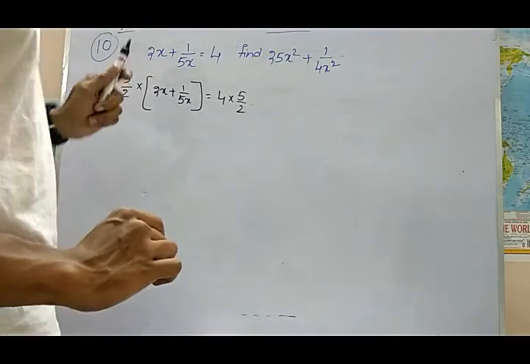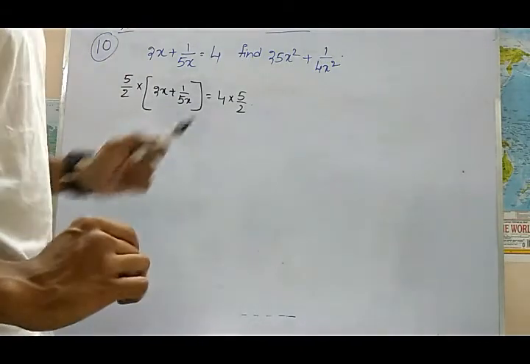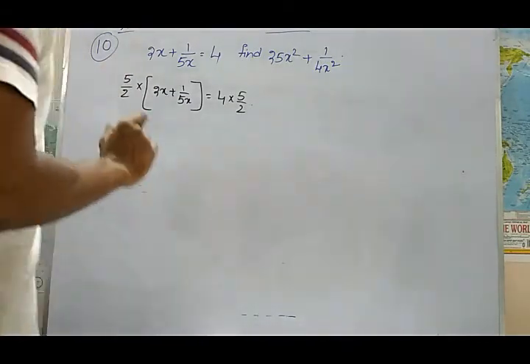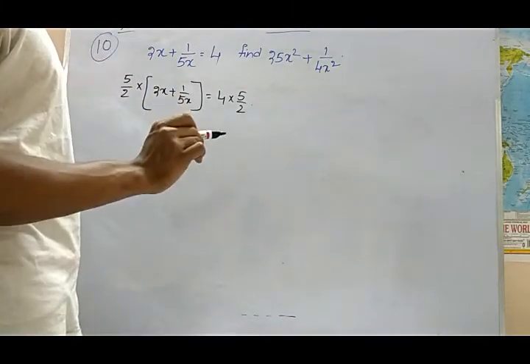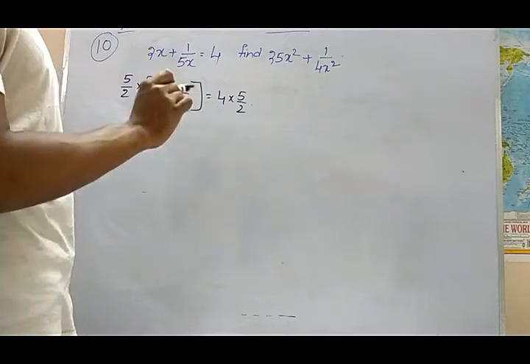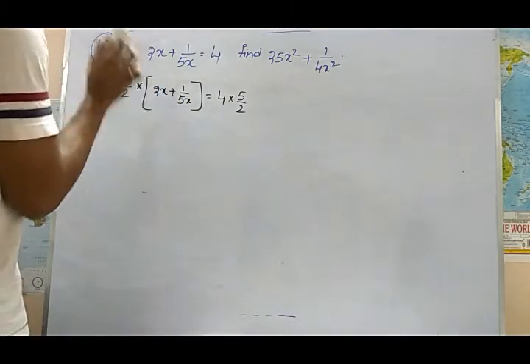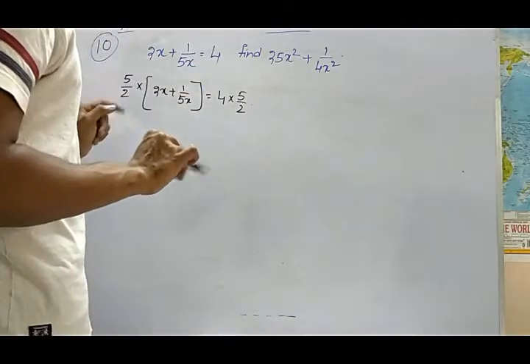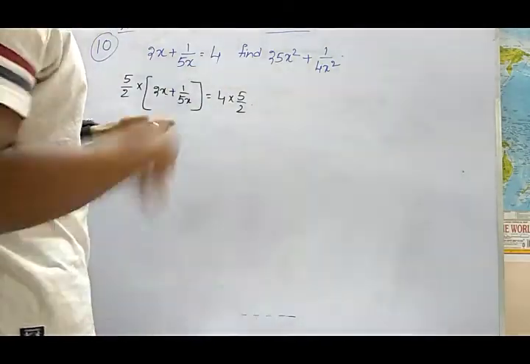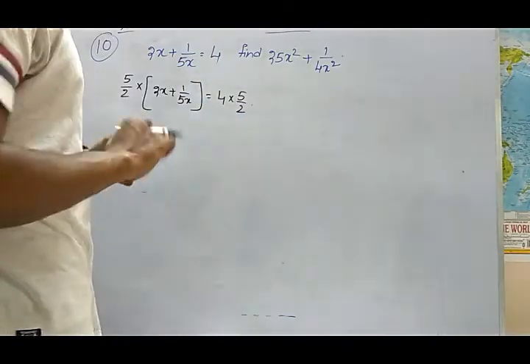And you might have a doubt: why only 5 by 2, and by which value do we need to multiply? This is also given in the question as a clue. See here, we have 2 here, we have 5 here. So the number we need to multiply with will be in 2 and 5 only.